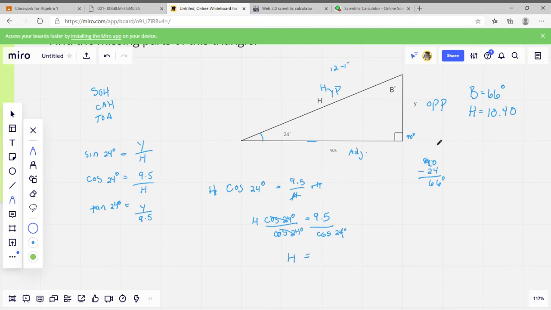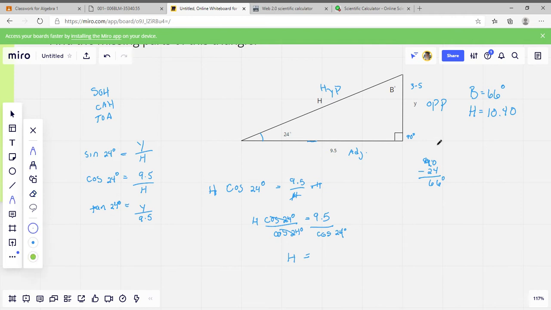And this one is probably going to be between 3 and 5, something like that. That way if we get a crazy answer, we know that it's not right. But we got 10.4, and that seems about right.